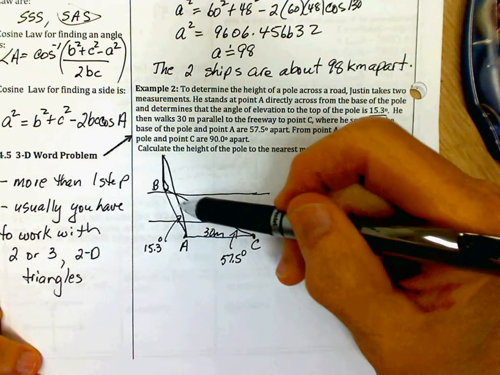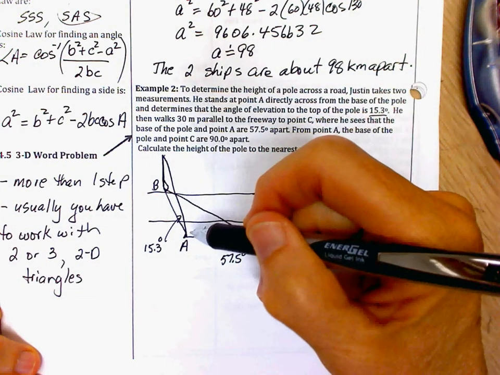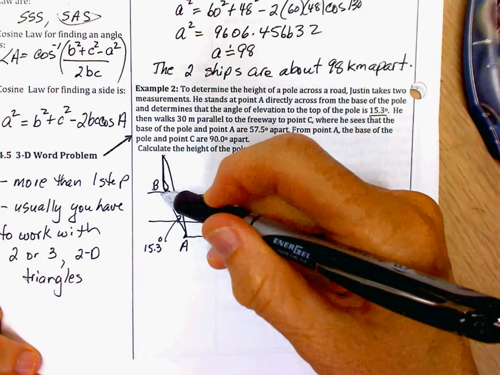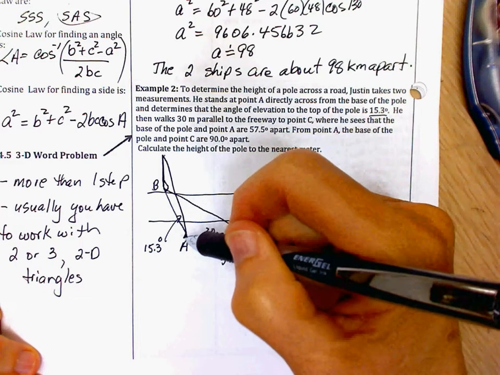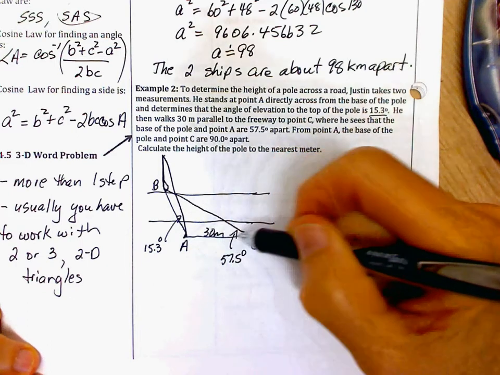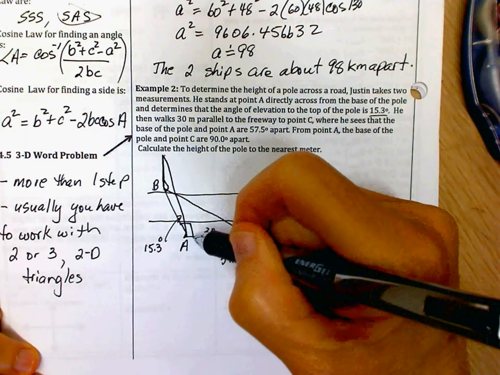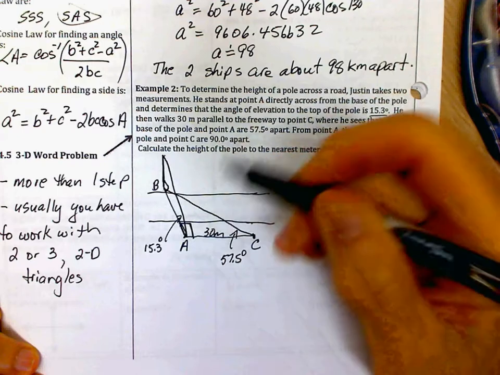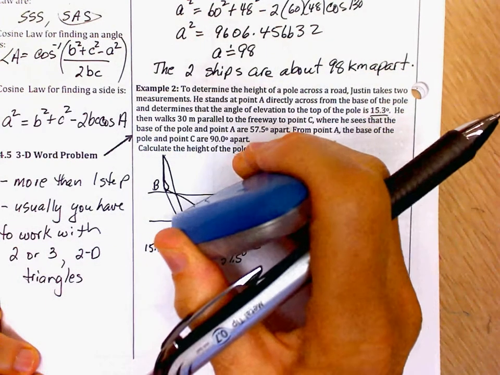But just know that point A is intended to be directly across from the base of the pole, and he walks this way to point C. So this angle here is a right angle. That angle there is a right angle. Okay? Let me draw that a little bit better just to help us out.